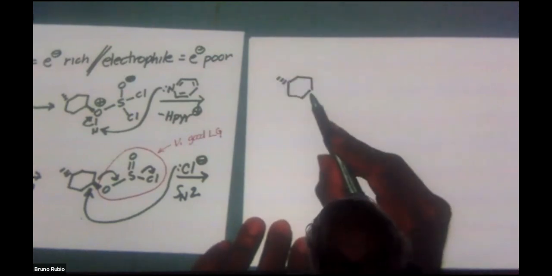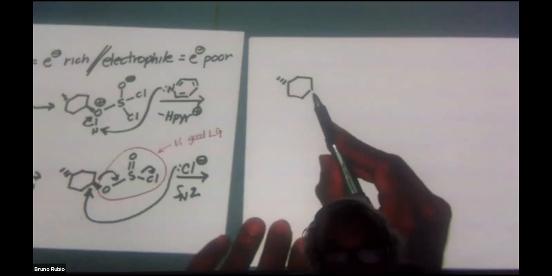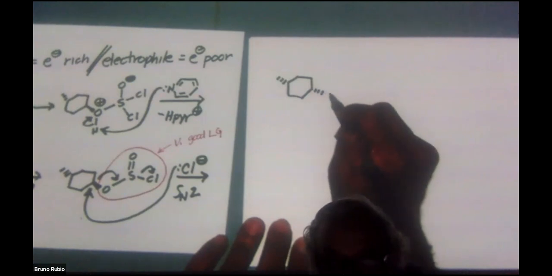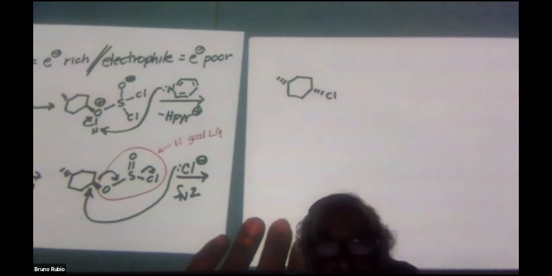We'll get our piece of paper here. And so the product is going to be: the chlorosulfite leaving group was on a wedge. Cl kicked it out in an SN2 reaction, so the Cl is now on a dash.